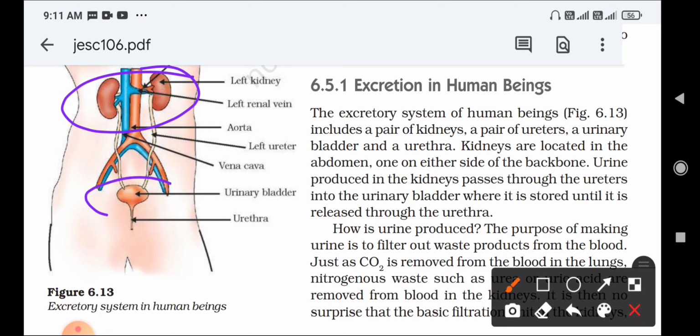After that it passes into the urinary bladder, where it is stored until the urge to urinate. Once the urge comes, the urine passes out of the body through the urethra.